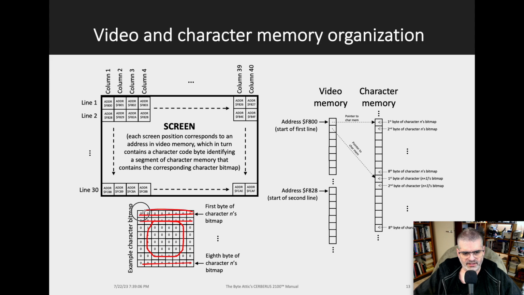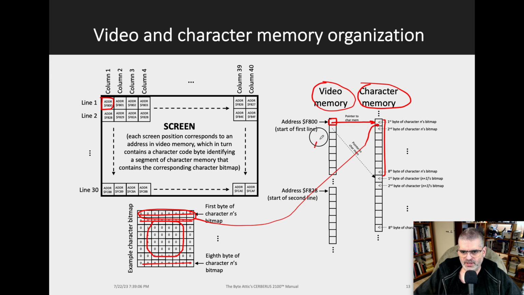Each one of these lines will be stored in a given address in character memory, and we need 8 of those addresses to complete the bitmap. And all 8 of them are indicated from an address in video memory, which corresponds to a given screen position. That address then contains a character code that points to the first byte in the bitmap. This is in video memory, and this is in character memory.